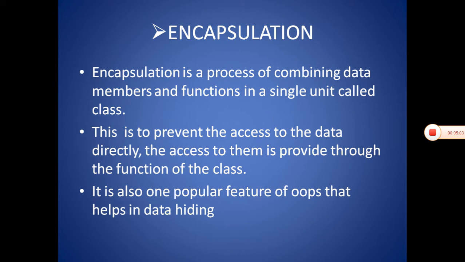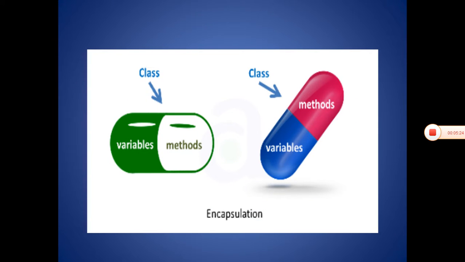It is also one of the popular features of object-oriented programming that helps to hide the data. For example, a television is loaded with different functions that we don't know because they are completely hidden. This is about encapsulation.